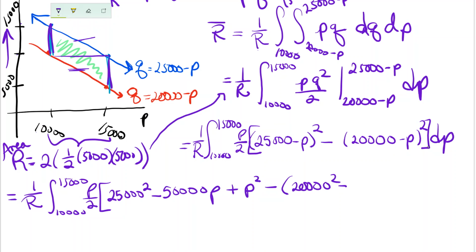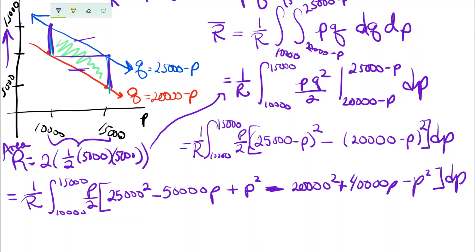Actually, let's just go ahead and do that now. Plus 20,000 times P, and then P times 20,000, so I'll get 40,000 P's. And then negative P times negative P will be positive P squared, then a negative, so minus P squared.